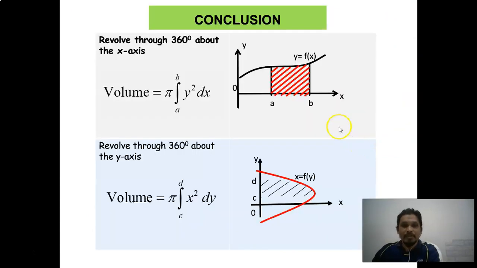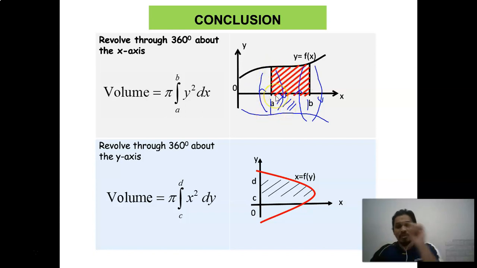So this is it. When the area between the curve, the x-axis, and x equals a and b is rotated 360 degrees about the x-axis, it's just like something like this.